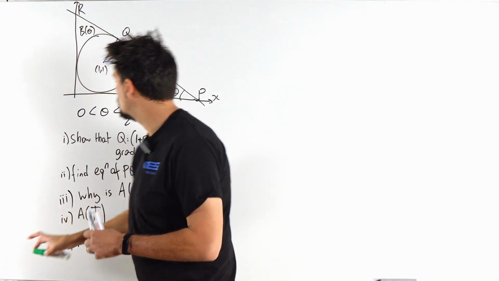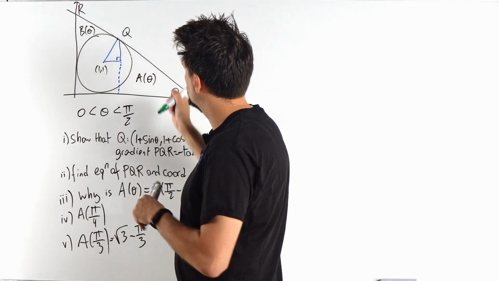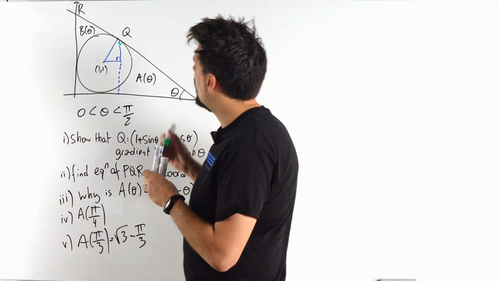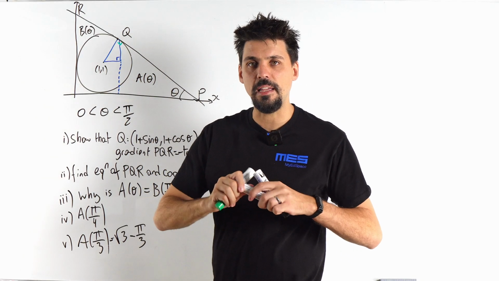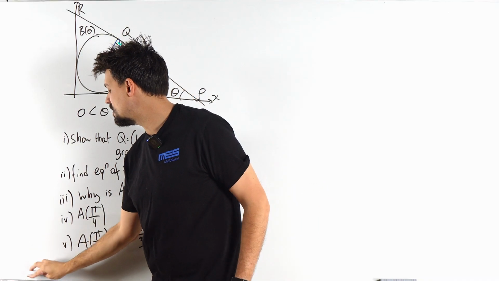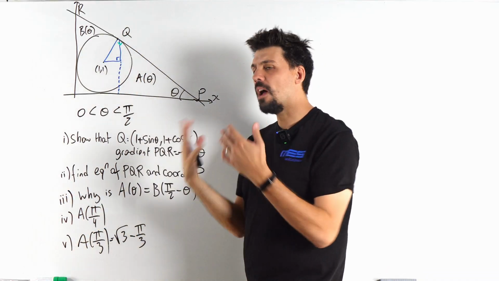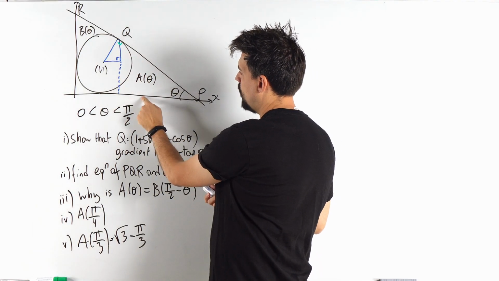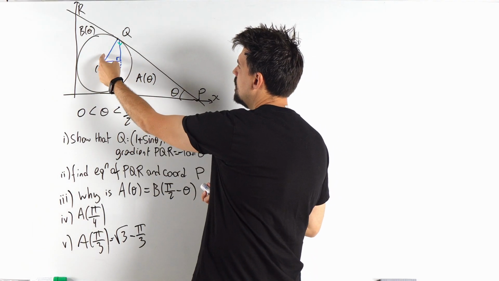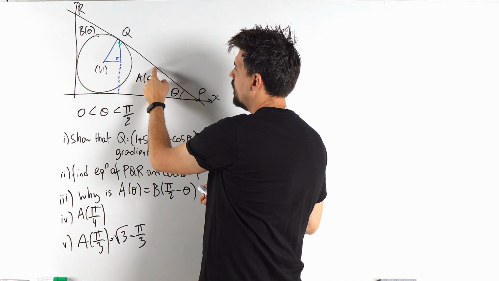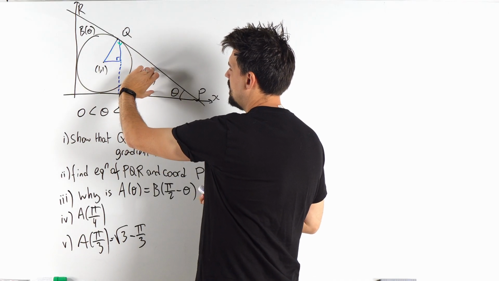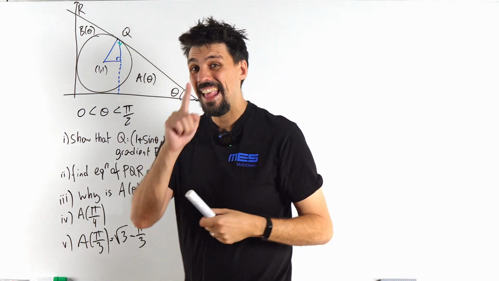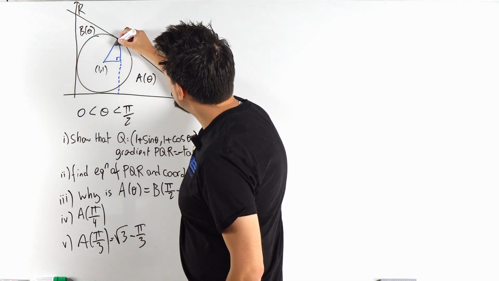And up here, we have a right angle. The radius is perpendicular to the tangent. Nice little fact in geometry. This line is perpendicular to that one. This line is perpendicular to that one. So the two blue lines are perpendicular to the two black lines. Therefore, they have the same angle between them.